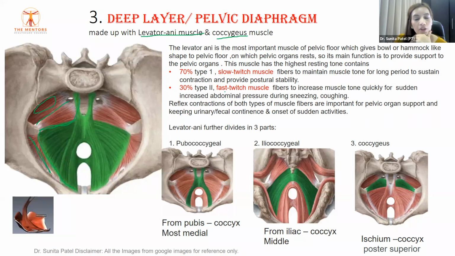Because of these slow twitch fibers, the levator ani always holds some kind of tension. It's not completely relaxed; it always has some action going on, sustaining some kind of contraction. If I say not 100%, but 20 to 30%, it's always on the contracted side.